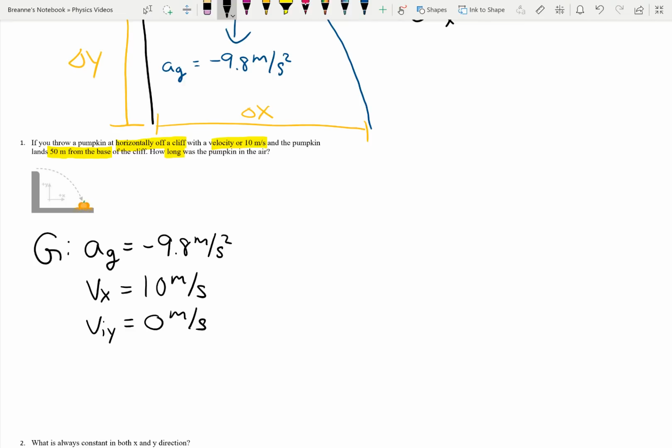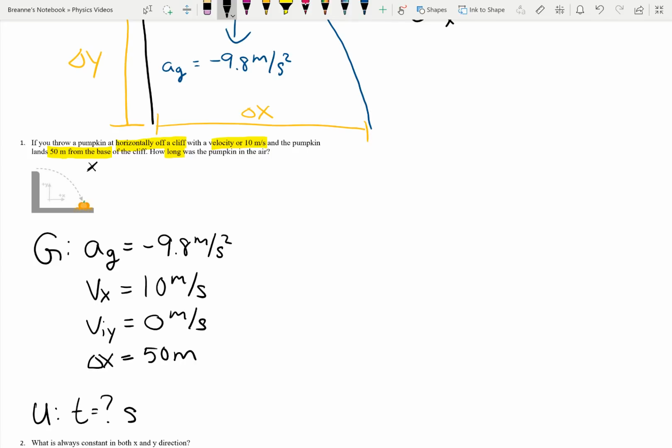It says it's 50 meters from the base. That is telling you that it's in the x direction, so your delta x is 50 meters. What you're looking for is your time, which is going to be in seconds.